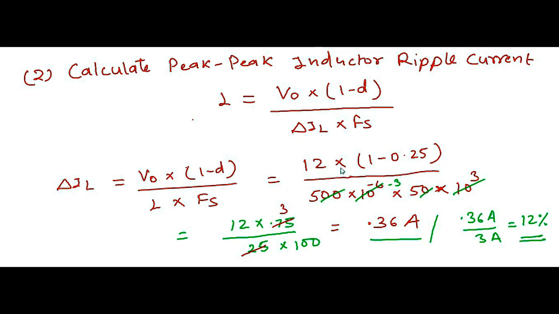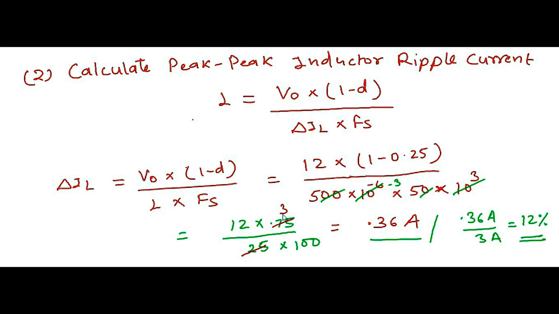So what is remaining now? 12 multiplied by 0.75 divided by 5. 5 fives are 25, and then 5 25s... 3 fives are 75, and I take out the 100 down.